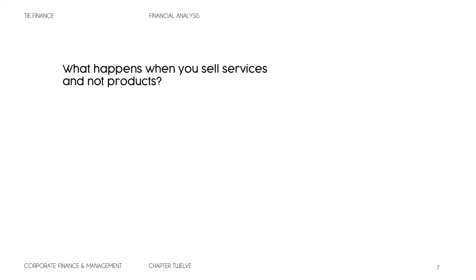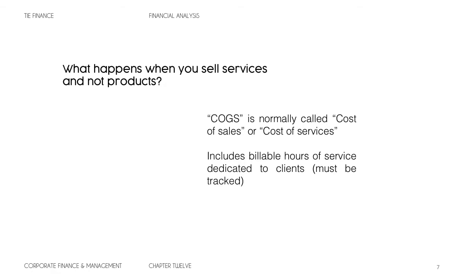And then what happens when you sell services and not products itself? It's just you're a service provider. Well, COGS is normally called cost of sales or cost of services, and it doesn't include inventory. It includes billable hours of service dedicated to clients, and this of course must be tracked. So you have to get a time tracking management tool.